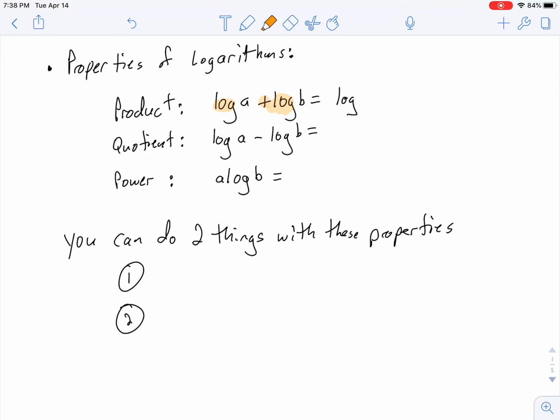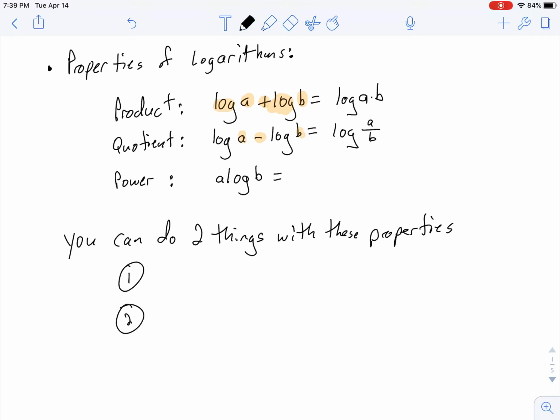You take the arguments of the logarithms and multiply them together. So it's kind of like this plus sign turns into a times sign, and it goes from 2 logarithms to 1 logarithm. For the quotient property, if you have 2 logarithms that are subtracted, you can condense it into 1 logarithm, and the arguments, the a, b here, they get divided.